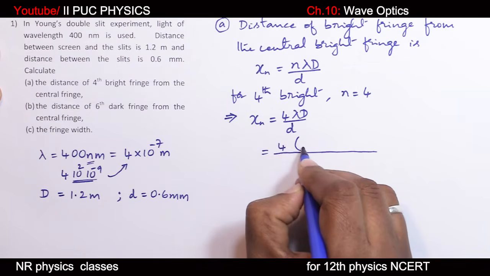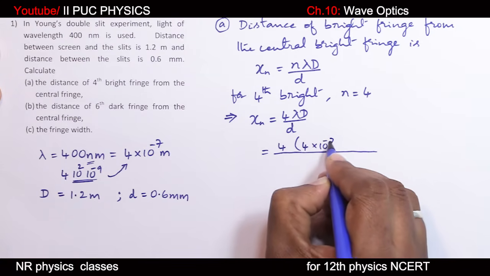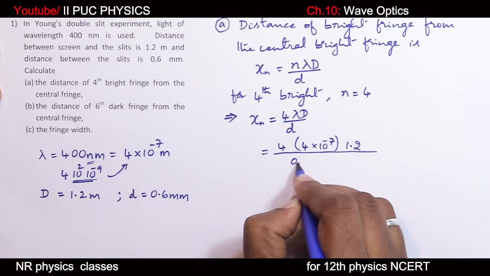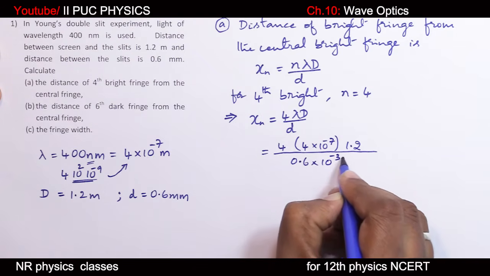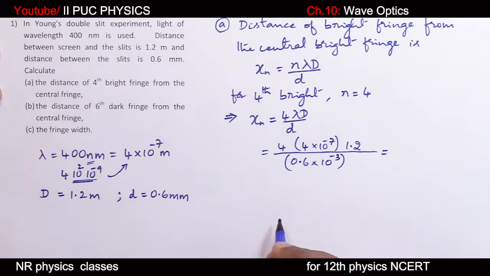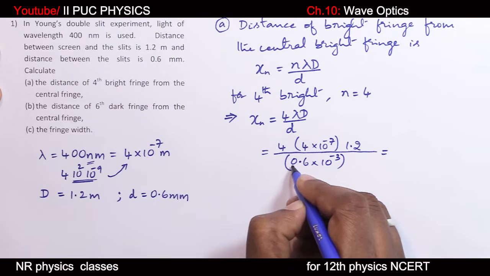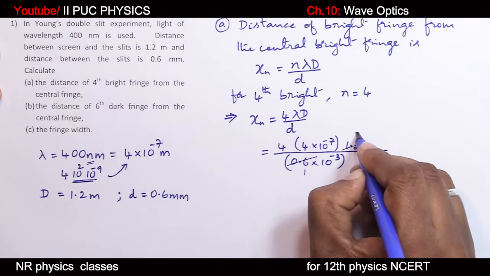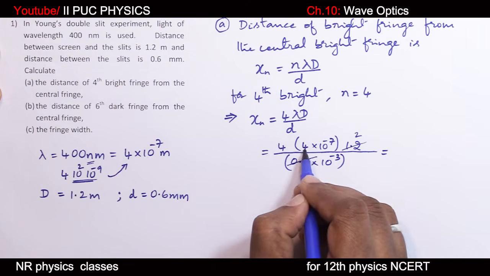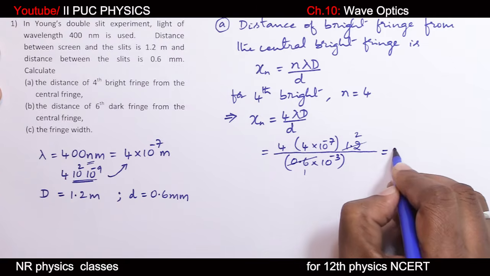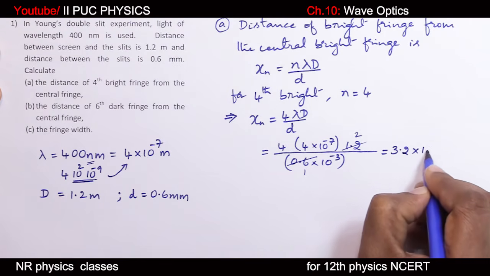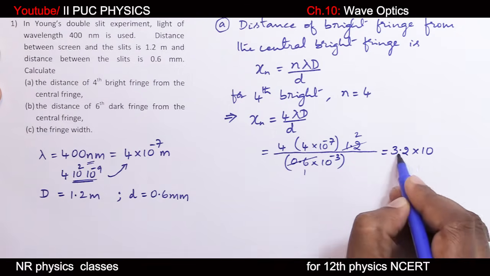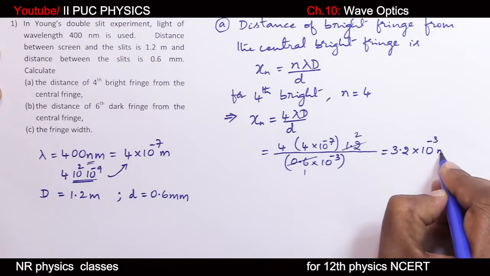Lambda is 4 10 power minus 7, capital D 1.2, small d is 0.6 milli, equal to 3.2 10 power minus 7, minus 3 is minus 4, so 10 power minus 3 meter.